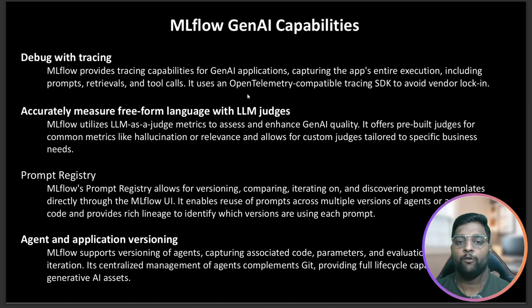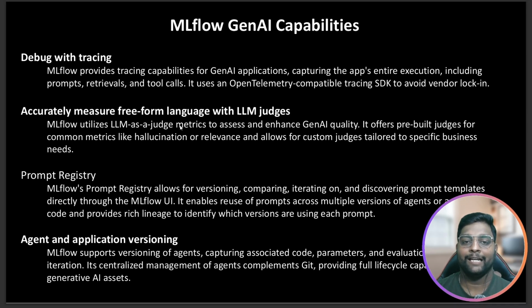It uses an OpenTelemetry compatible tracing SDK to avoid vendor lock-in. And accuracy measures free from language with LLM judge. So here you can see MLflow offers pre-built judges for common metrics like hallucination or relevance, and allows for custom judges tailored to specific business needs.